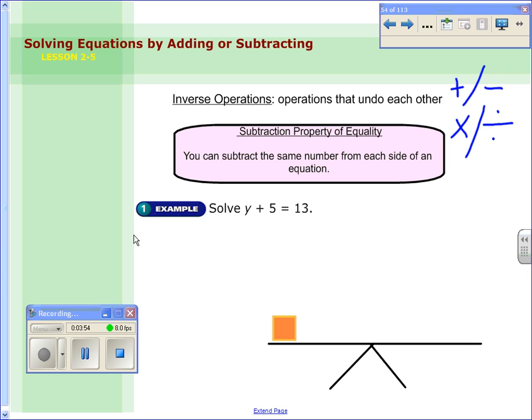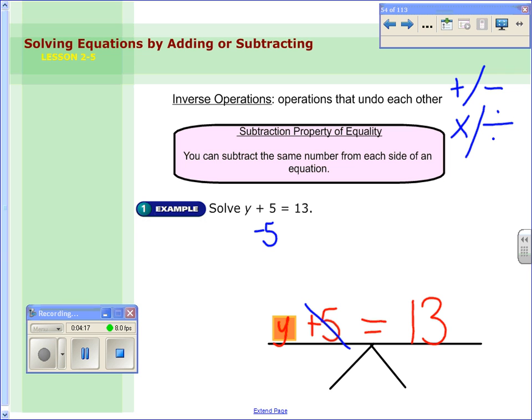So here I have Y plus 5 equals 13. Again, I could write this out as Y plus 5, then the equal sign, and then 13. Well, to get Y by itself, what's on the same side? You have this positive 5. So the opposite of adding 5 is taking away 5.